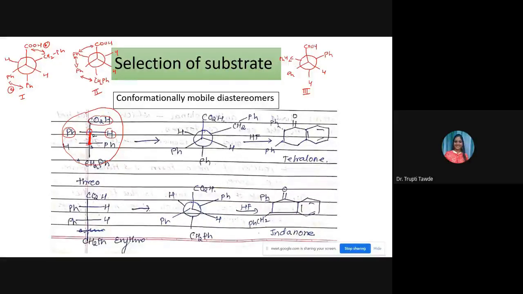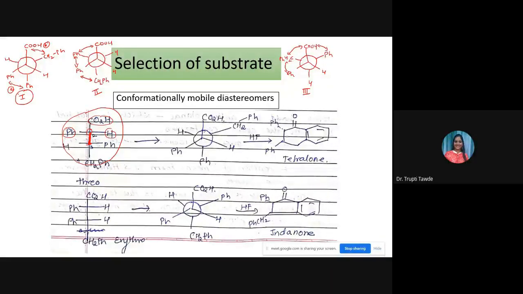So how much repulsion is here? Here there is three-way repulsion. Similarly, if you see this, right, they're also gauche. So out of the three, which is the most stable structure? The first one is the most stable structure.